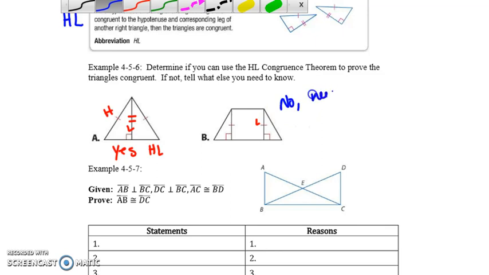We need another side, because if we had another side, we could do side angle side.